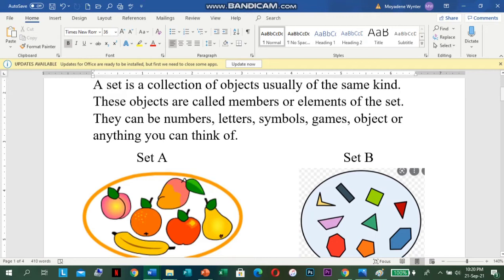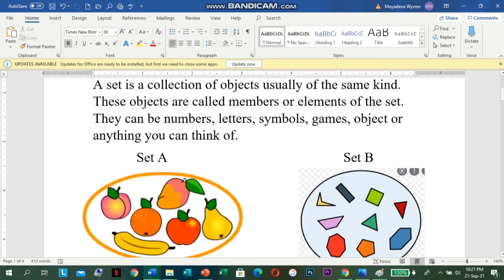So therefore, they are all of the same kind, but they are different fruits. Set B is a set of shapes, but they are all different kinds of shapes in set B. So they are all of the same kind, because they are all shapes.